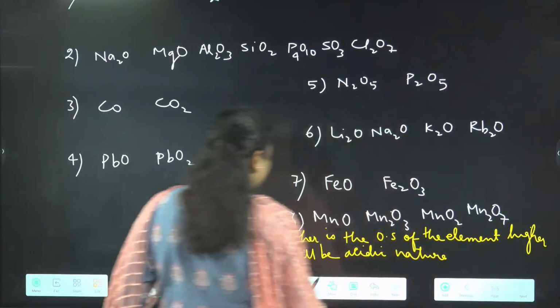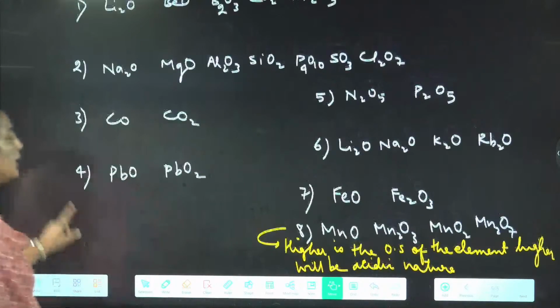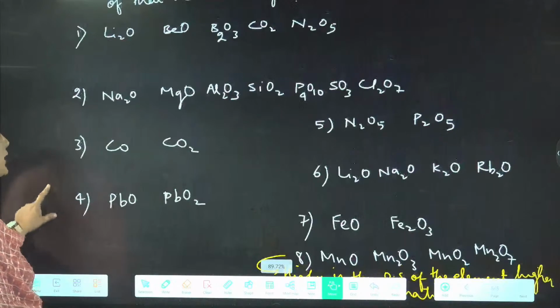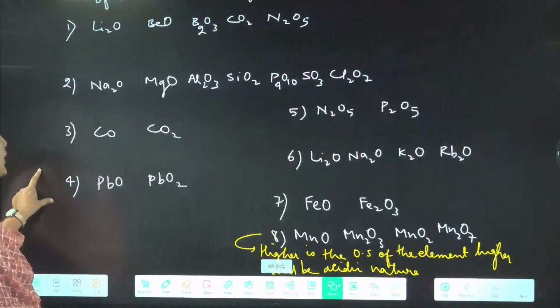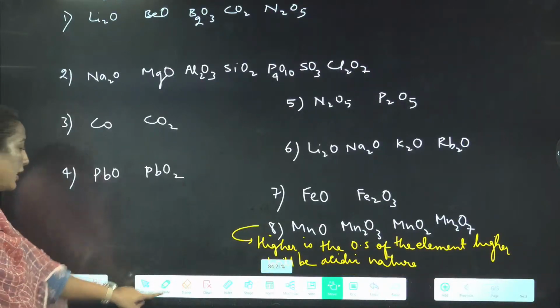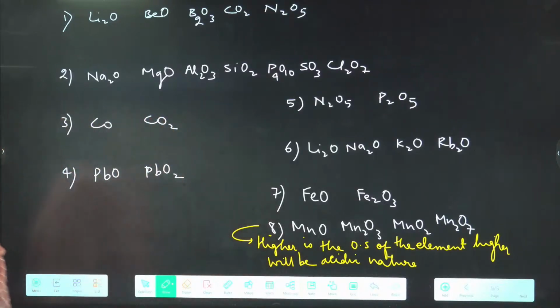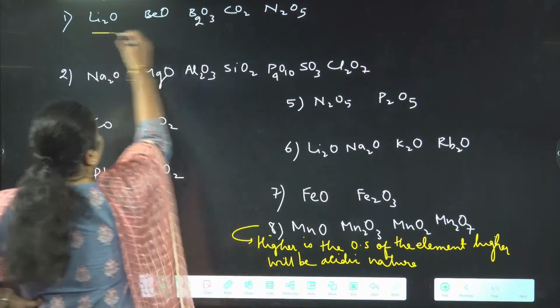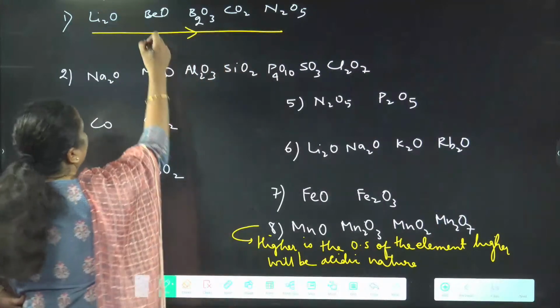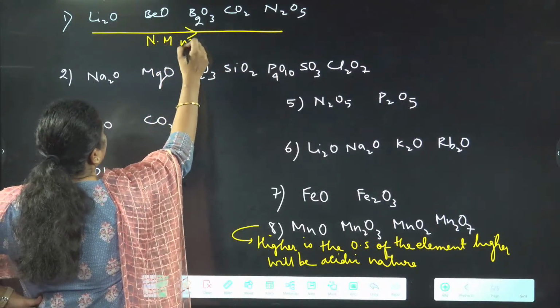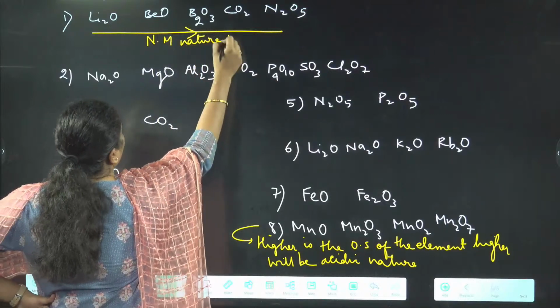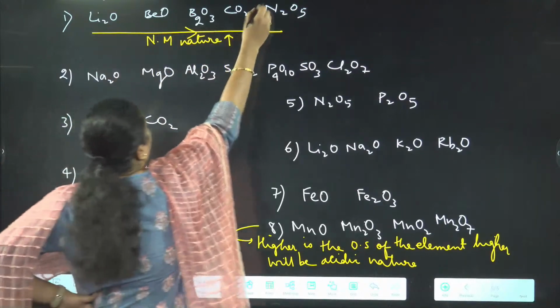We have already written that a higher oxidation state means it is able to attract the electrons, or its electronegativity you can think is more, and hence non-metallic character is more, so it is going to be acidic. So when it comes to Li2O, you are going along a period. Along a period, non-metallic nature is increasing. So what is going to happen to the acidic nature? It will increase.